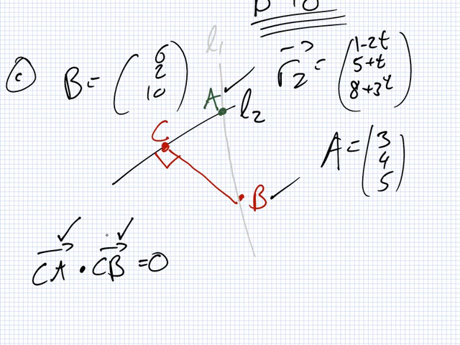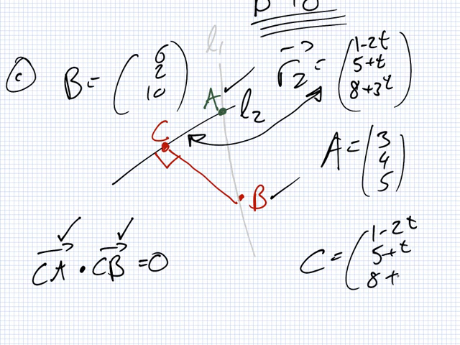Do we know C? No. That's what we want. How many unknowns are here in this equation? One unknown. So we should be able to solve it for C. Also, you know that C is on this line. So you also know that C is equal to 1 minus 2t, 5 plus t, 8 plus 3t.